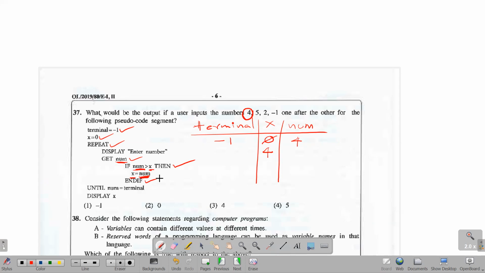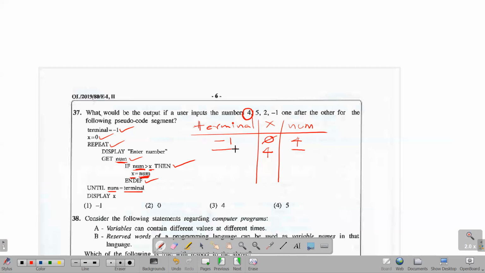And in the until, they check the condition num equals terminal. Now the repeat until structure iterates when the condition is false, right? So num is not equal to terminal because num is 4, terminal is -1.